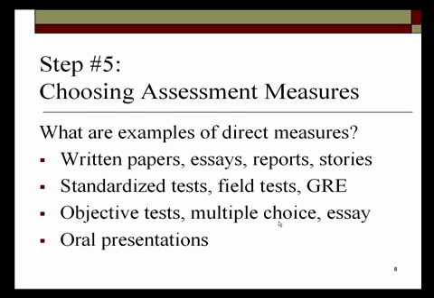What are some specific examples of direct measures? Direct measures include written work such as term papers, essays, reports, or creative writing. Another type of direct measure is an objective test, a multiple choice or true-false or GRE. A third type of direct measure is an oral presentation.